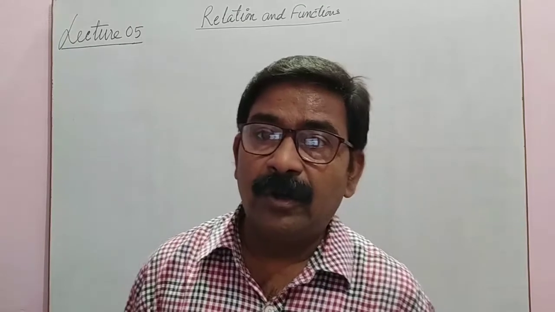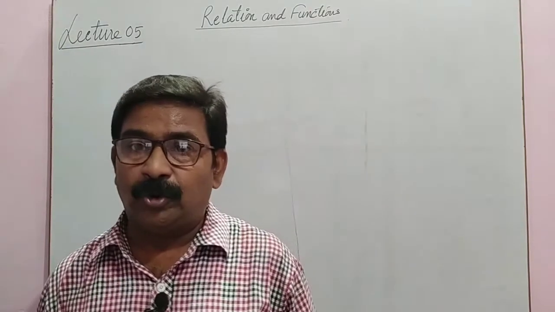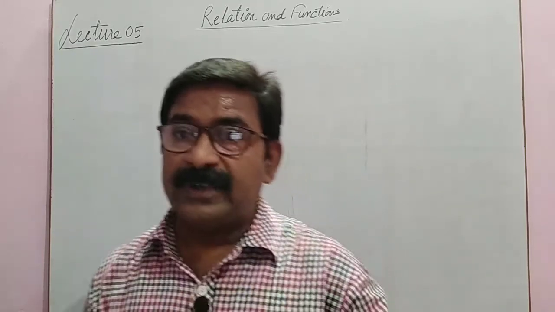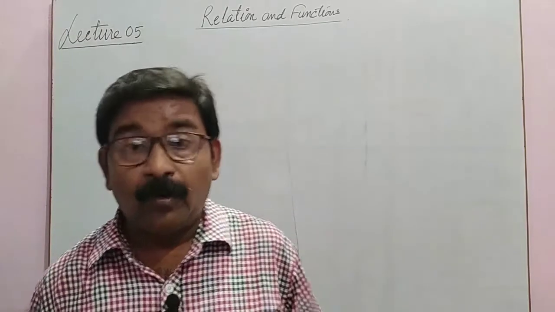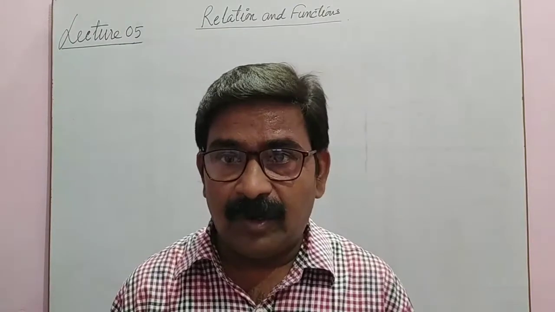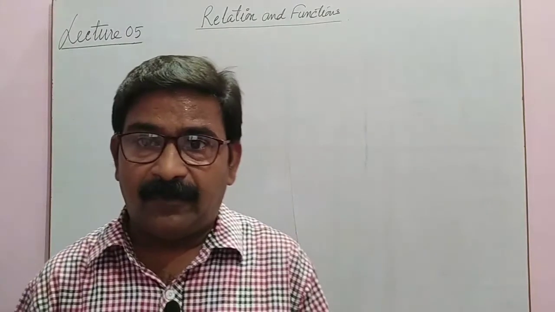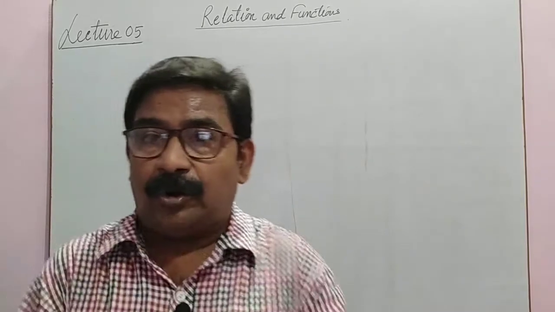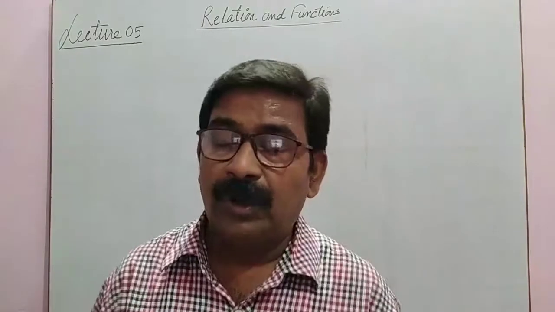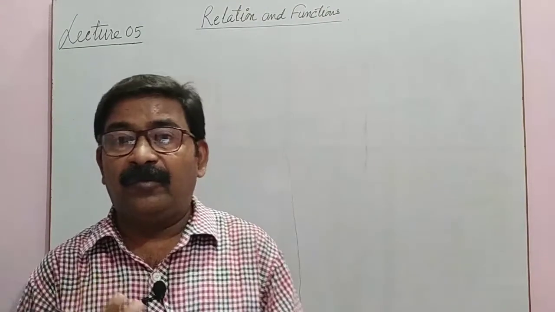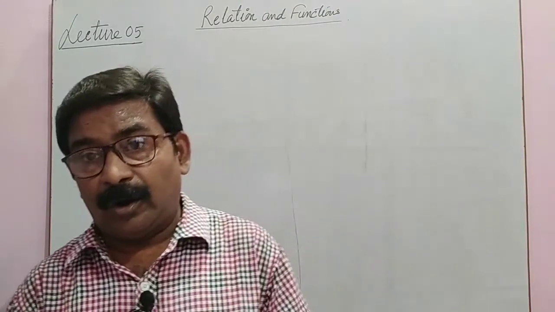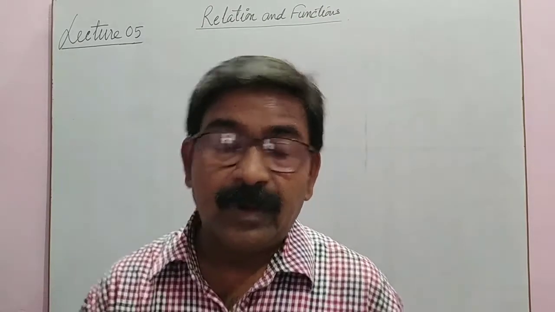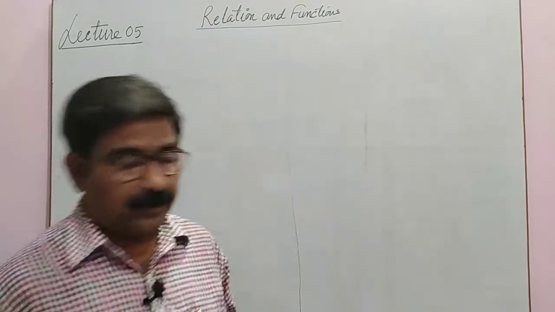One-one and onto both is called bijective. What types of functions are one-one, what types are onto, and what types are one-one onto both? So let's see what is one-one function.